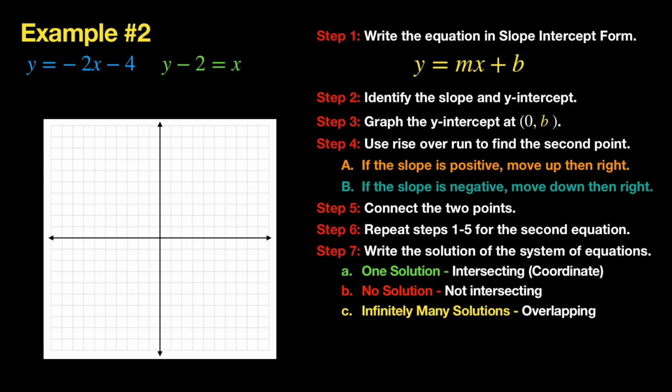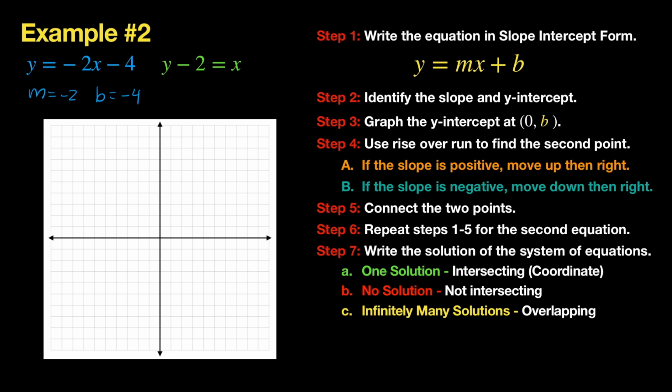Once again, we're going to follow the same steps, but because we went over them in detail in the previous example, I'm going to be able to skip a few things. So we're going to start by writing things in slope-intercept form, and the blue equation is already in that format. So now we find the y-intercept and the slope. The slope is going to be -2. Your y-intercept is -4.